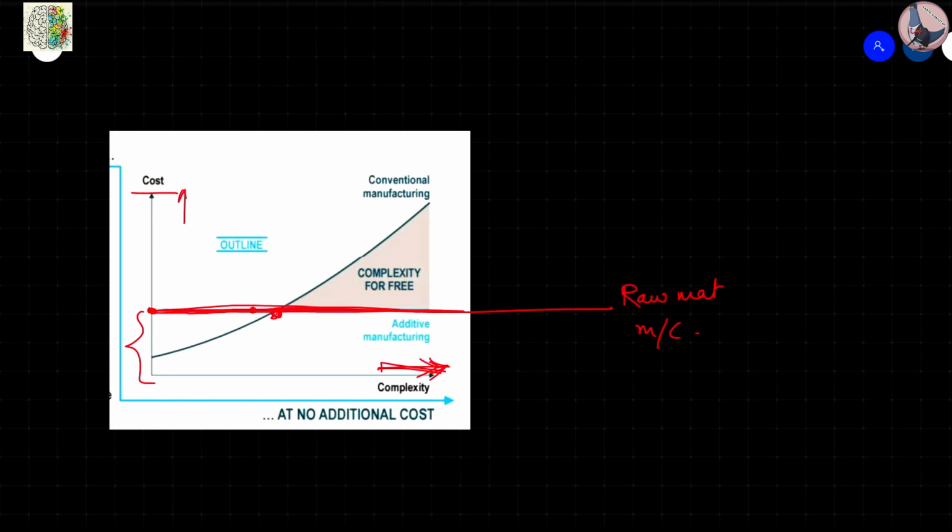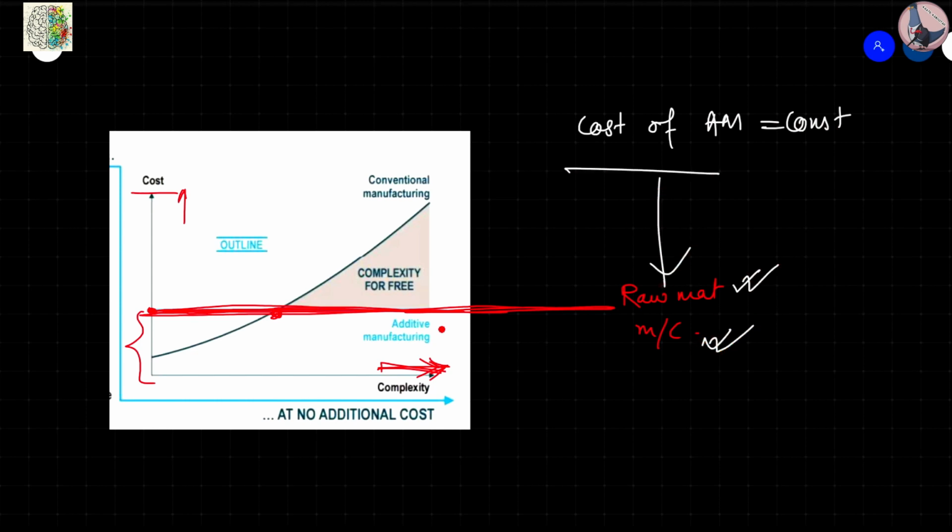Once you have the raw material and machines, whatever be the complexity, it has nothing to do with it, the cost will be constant.